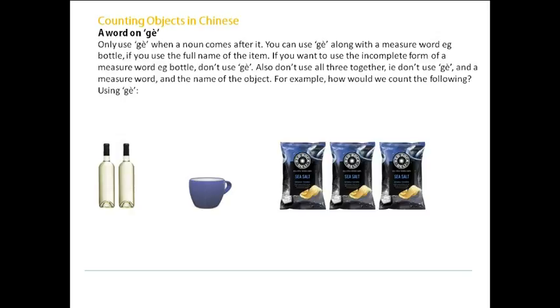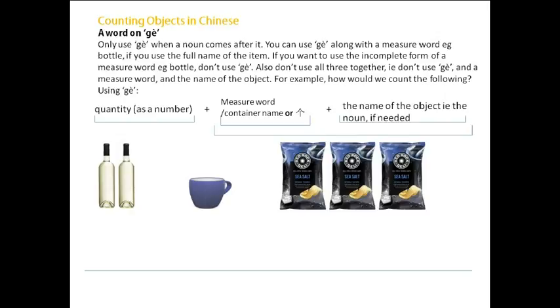For example, how would we count the following? Here is the format reminder. The two bottles would be 两个, literally meaning two, and you can add 瓶子 after it, meaning bottle. So 两个瓶子 meaning two bottles. The one cup would be 一个 meaning one, and cup is 杯子, so you can say 一个杯子.